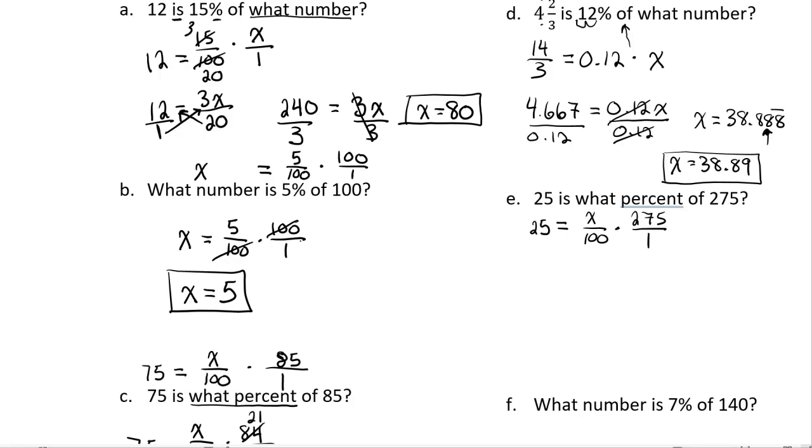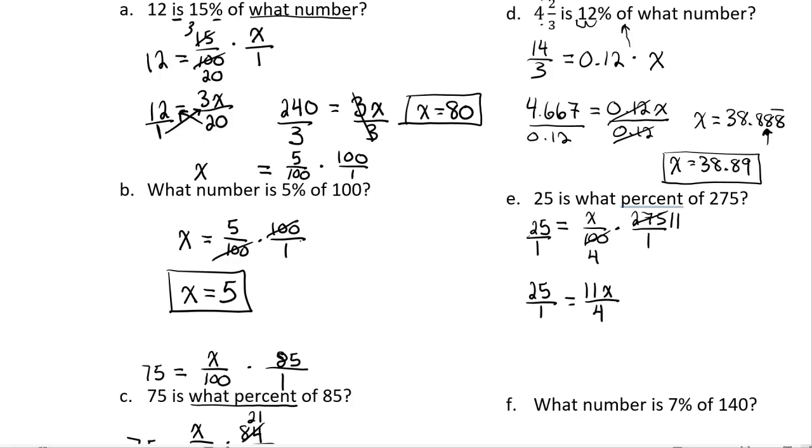So 25 goes into 100 4 times. So 4 is left over, and 25 goes into 275 11 times. Now, just so I don't forget, I'm going to put that 1 under the whole number. I get 25 over 1 equals 11x over 4.